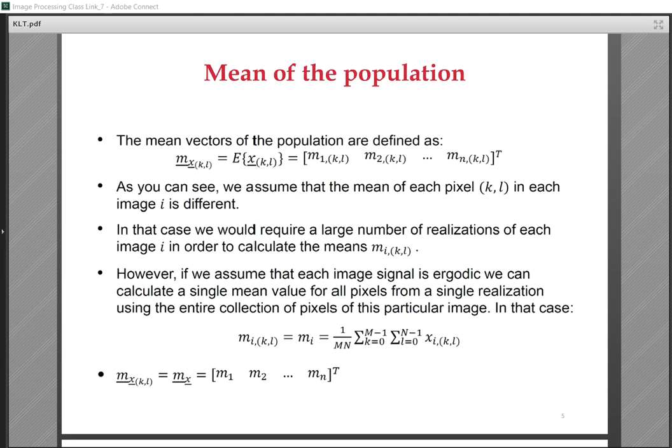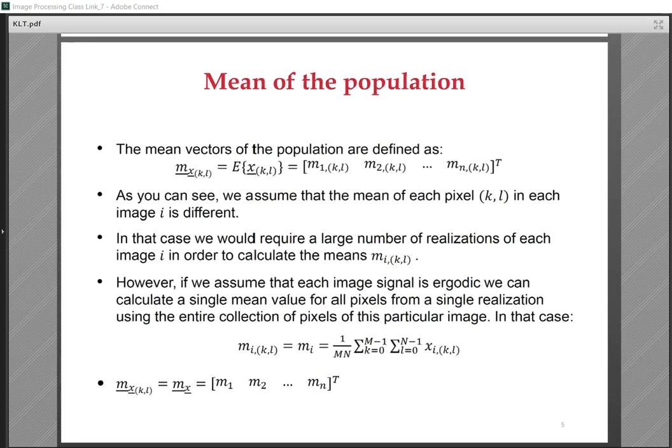Here we have a description of the mean of this population, or the mean of the x vector containing x1, x2, x3, etc. The mean vector of the population is defined as m_x.